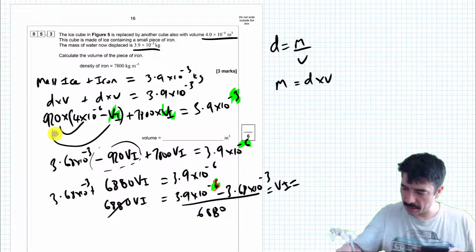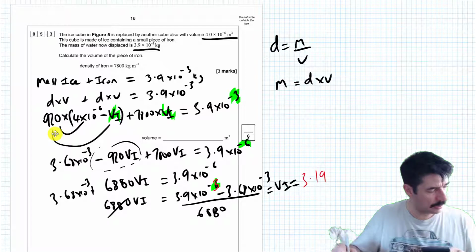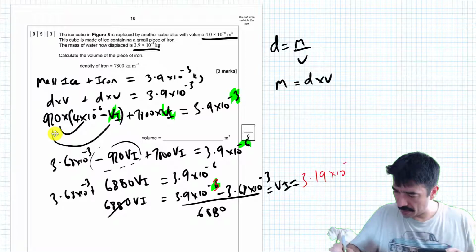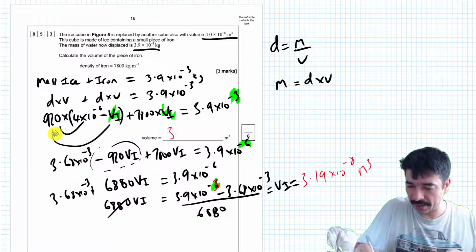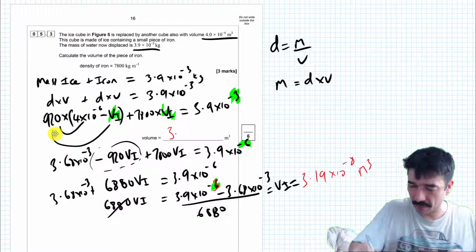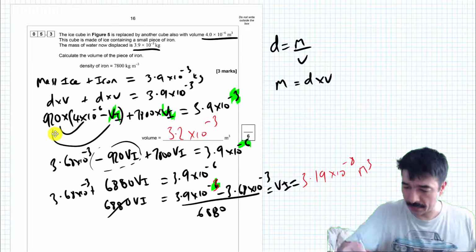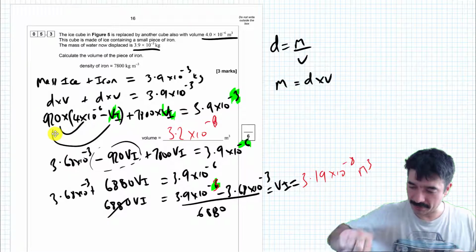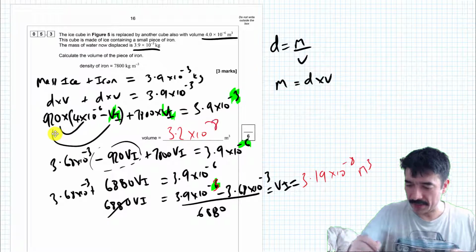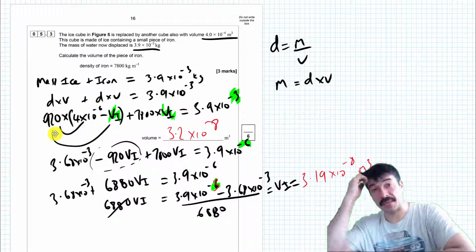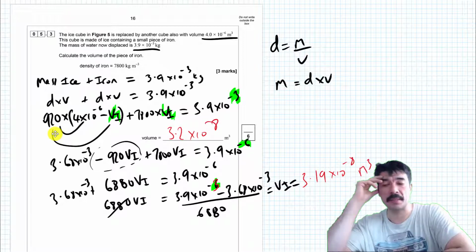Okay, and that gets me 3.19 times 10 to the minus 8 meters cubed. Okay, now I think that is correct according to the mark scheme. Let's round it to 2 significant figures, times 10 to the minus 8. Okay, so it's very easy to make mistakes on the calculator with this. I think you really need to practice your BODMAS.